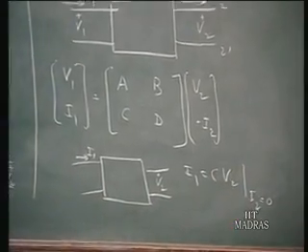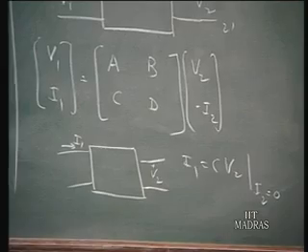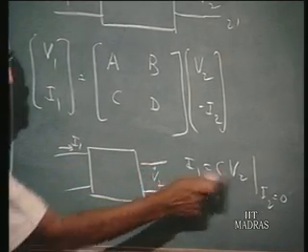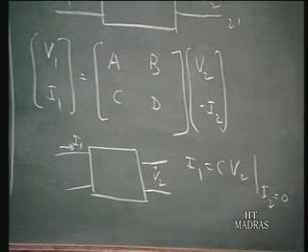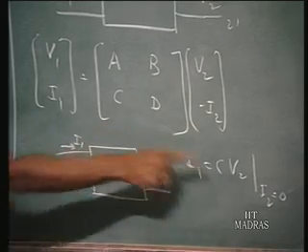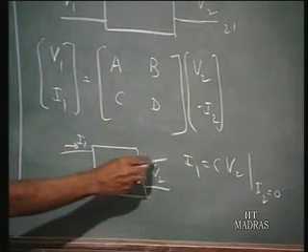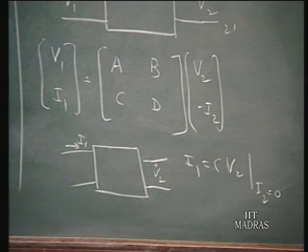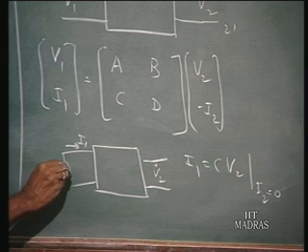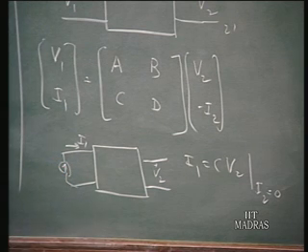So, normally when you define any network function, you write C equals I1 by V2. You can think of V2 as an excitation, but unfortunately here I2 is forced to be 0. Therefore, you can't think of connecting a voltage source here and again make sure that I2 is 0. Therefore, you have to think of a current source here, I1, that is the input, and you are measuring the V2.